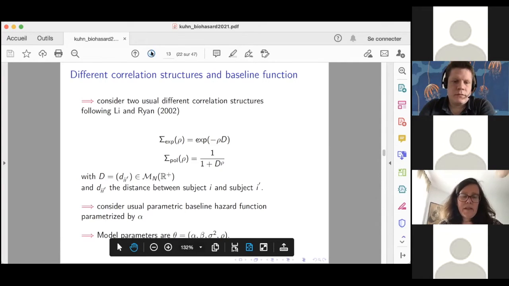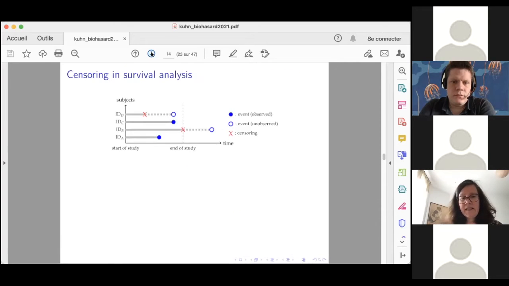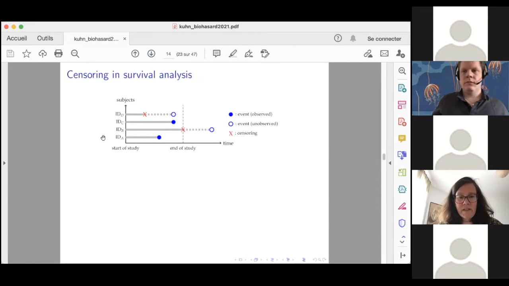And now I will just quickly explain the observation process in survival analysis, which often is censored. So what is censoring? Indeed, if you consider different subjects here and the time on the x-axis, at the beginning of the study you follow 4 individuals and you observe if the event of interest occurs for each individual.